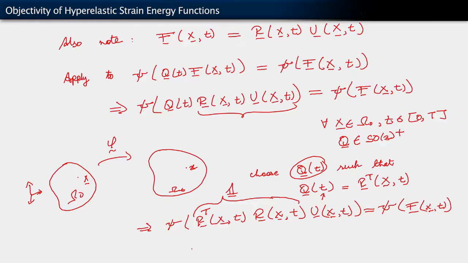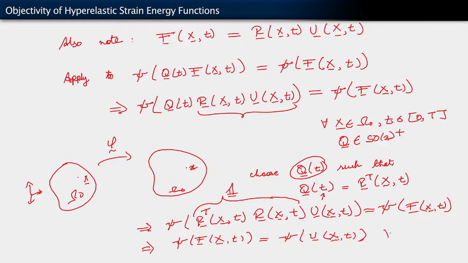So what does this imply for us? I'm going to flip the left and right hand sides, writing what was the right hand side as the left hand side. Psi of F at any position and time, remember you pick the position and time arbitrarily, is equal to psi, but now as a function only of the stretch tensor at the position and time of your choice.